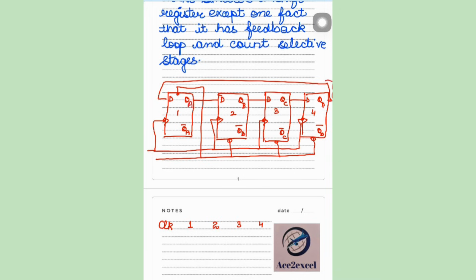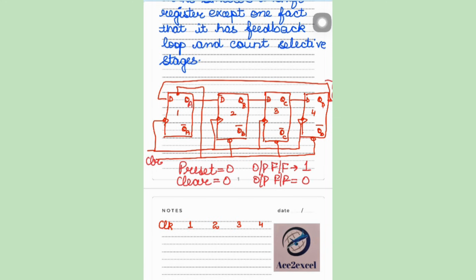Second thing which should be kept in mind is that we have a concept of clear and preset. Whenever preset is 0, the output of the flip-flop to which preset is 0 is always 1, and wherever clear is 0, output of that flip-flop is always equal to 0.